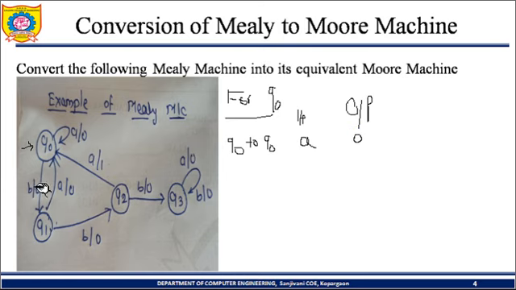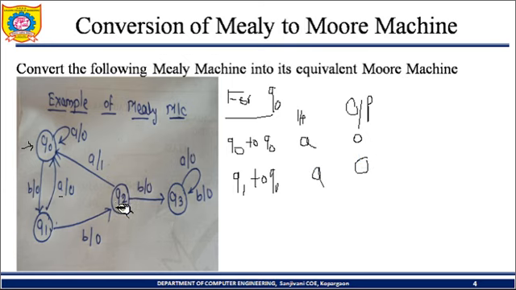Same way, there is one more incoming edge from Q1 to Q0 on input A. Output is 0. So there is an incoming edge from Q1 to Q0, input is A and output is 0.